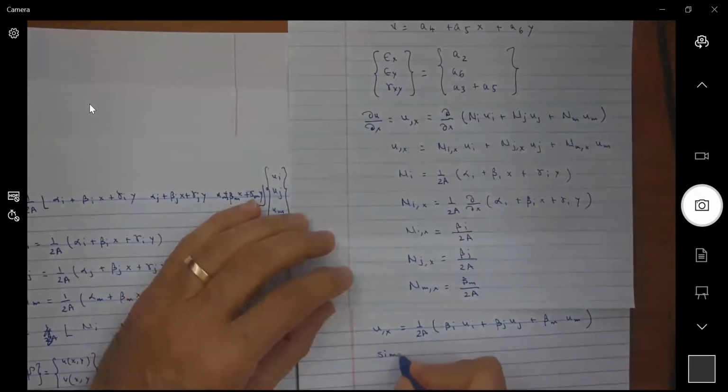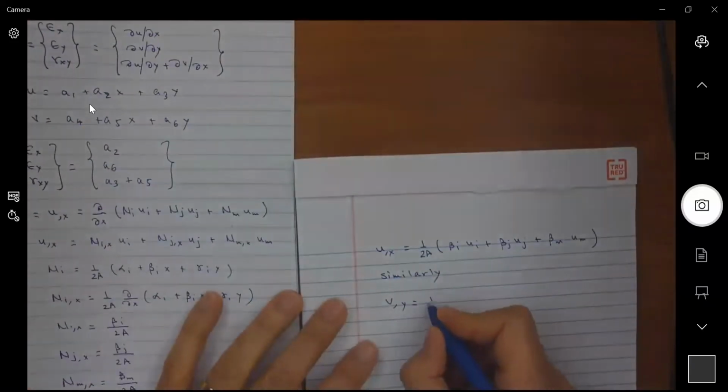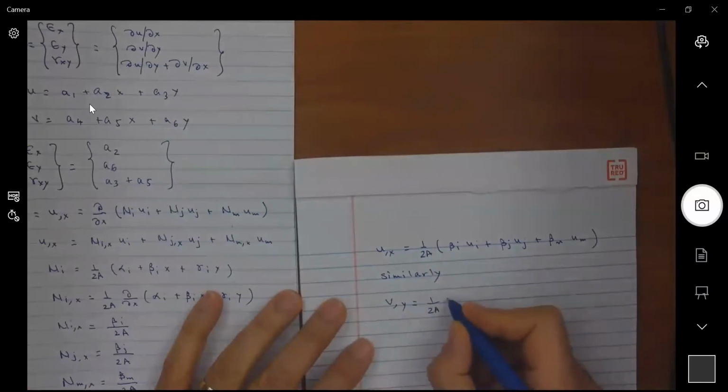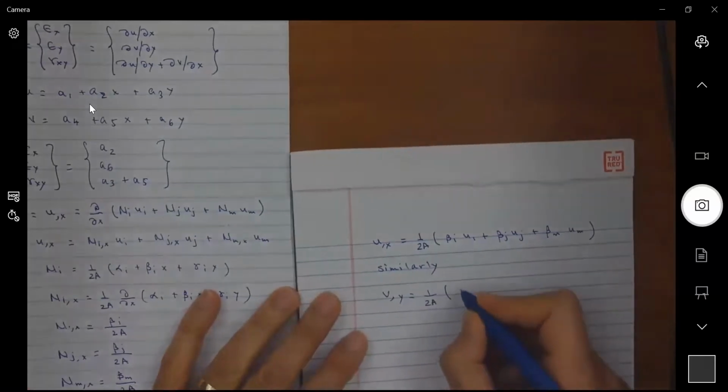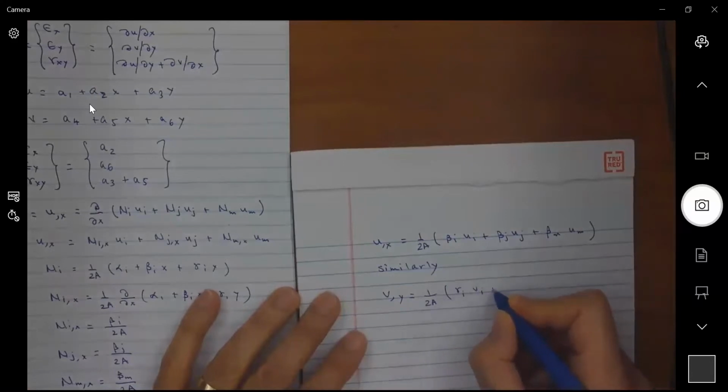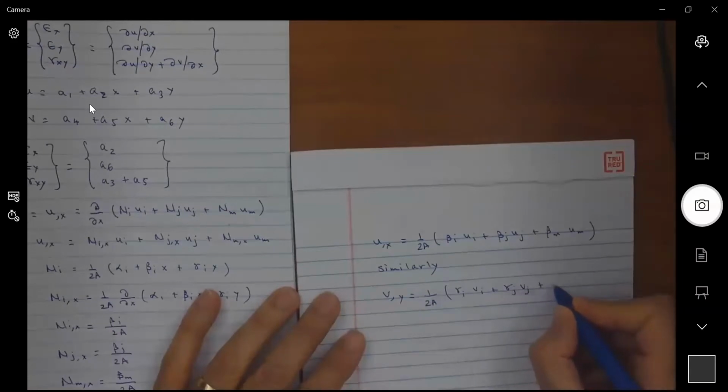Similarly, we have v,y equal to 1 over 2a multiplied by gamma i vi plus gamma j vj plus gamma m vm.